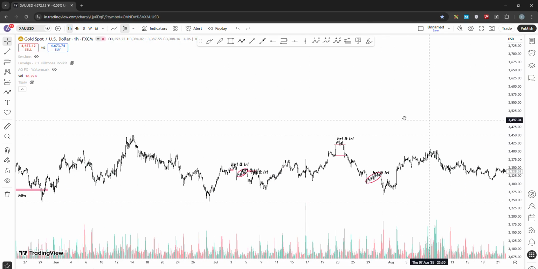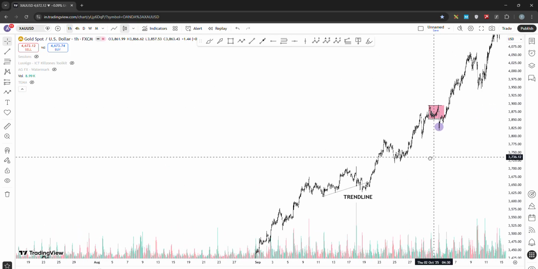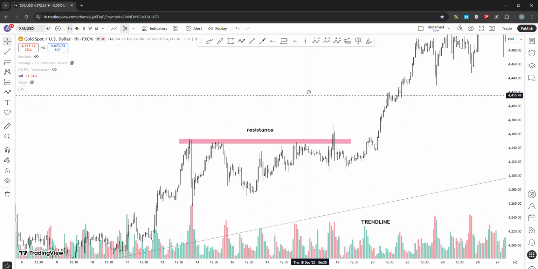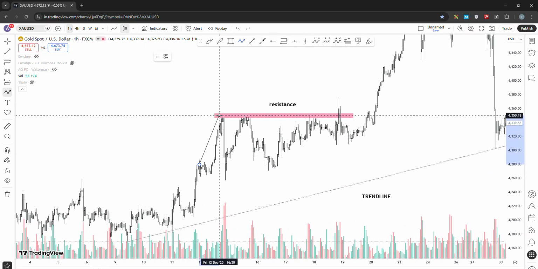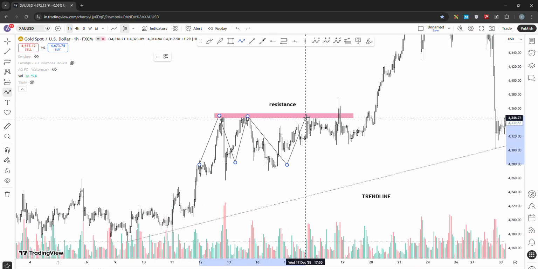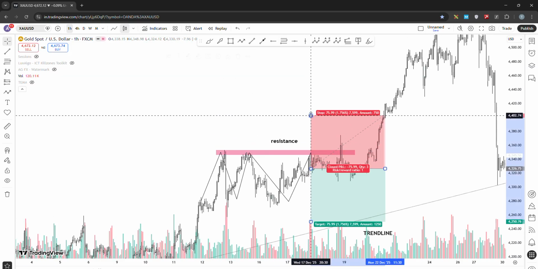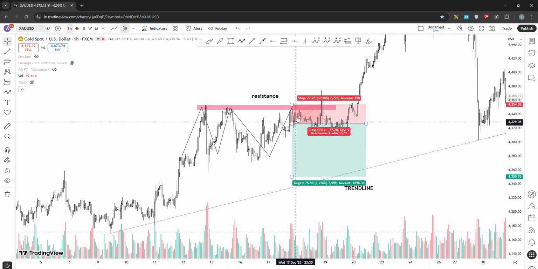Let me show you some more examples. Okay, so here we have got another one. This was a resistance. You can see the market tested this multiple times and got a reaction, right? So once again, when the market comes up, tests this zone, and shows a reaction, the sellers will come and sell. They will expect that the market is unable to break this zone.